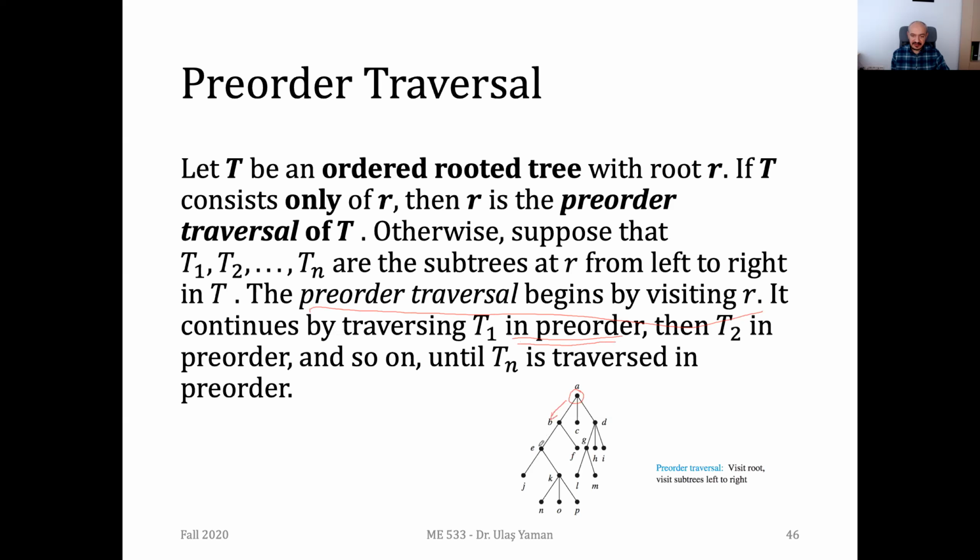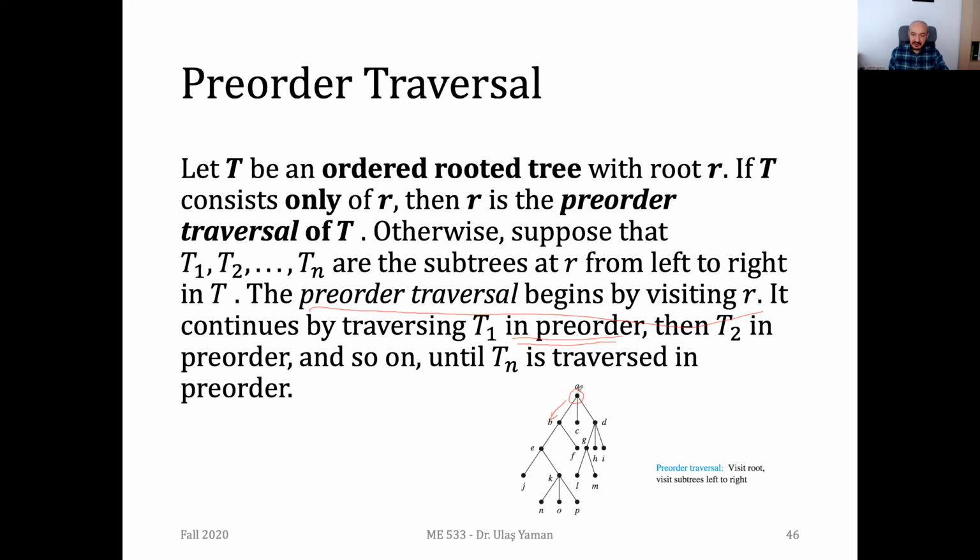Since T1 has some children, we should continue visiting the children of T1 in pre-order fashion. As we have seen in the simplified tree, if you don't have any children underneath, then you can continue with A, B, C, and D. But now, since we have more children underneath, I will go as deep as possible.